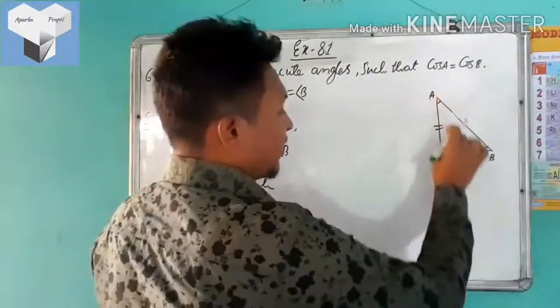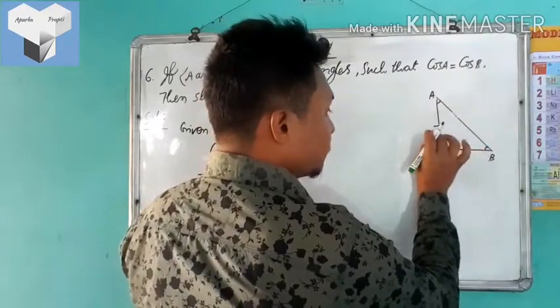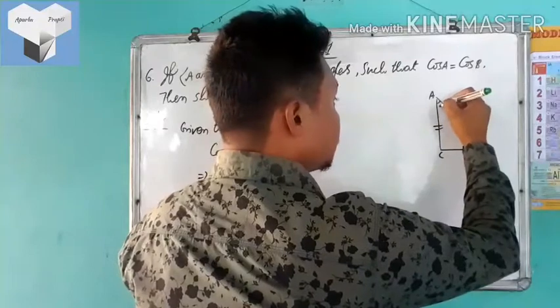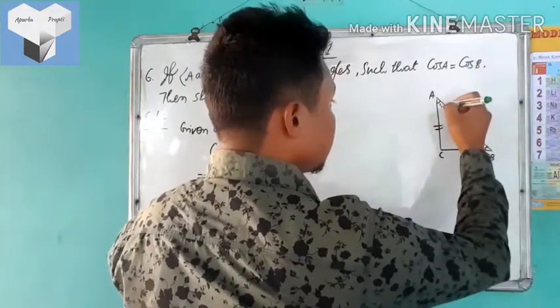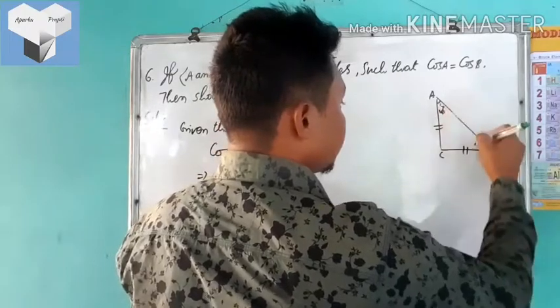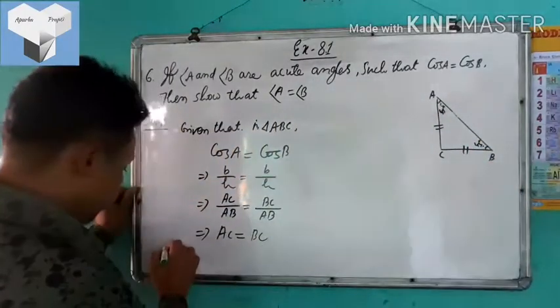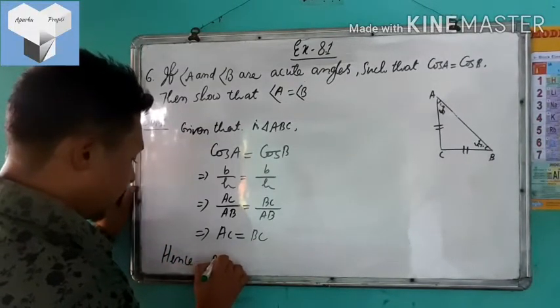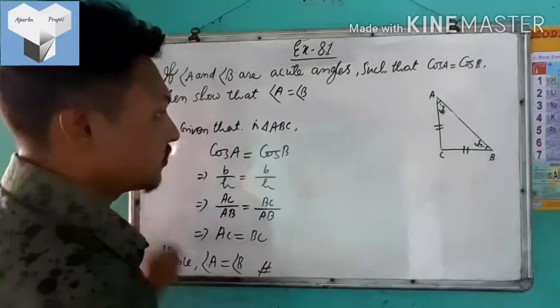So when this triangle becomes an isosceles triangle, the lengths of these two sides become equal, hence the measures of these two angles will be the same. That means they will be 45 degrees each. Hence angle A is equal to angle B. We can prove it in this way.